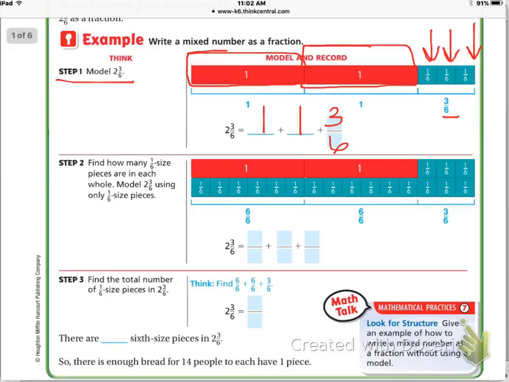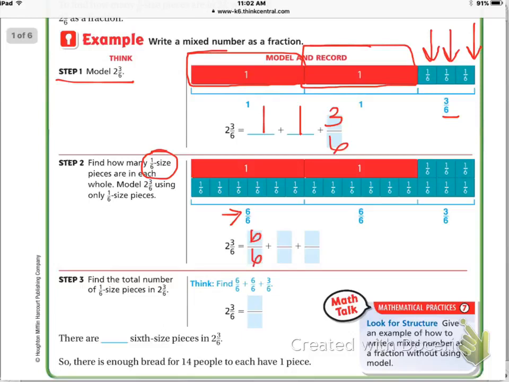left over. My next step is to think about how many 1/6 size pieces are in each whole part. The bread is cut into 6 size pieces, so the fraction must be 6/6 because I need 6 parts of bread to make up 1 whole loaf.